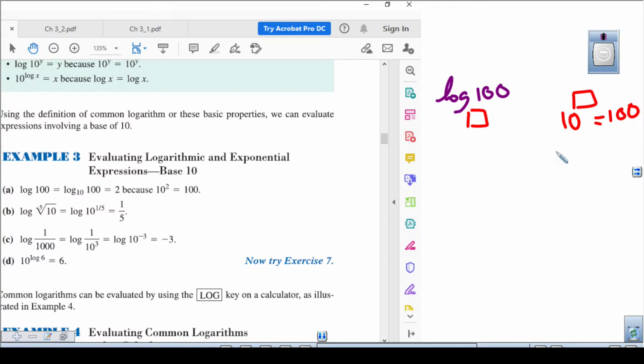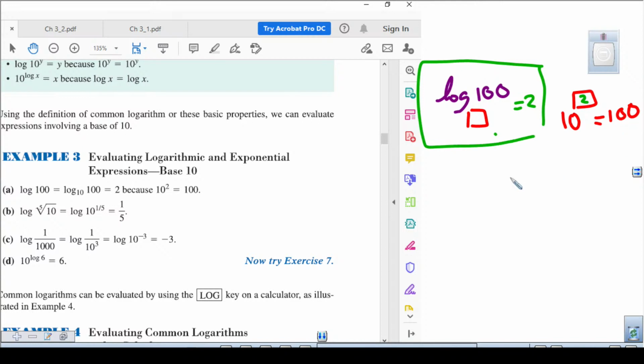It turns out you're raising 10 to the second power. So the value for log of 100 is just 2. Log of 100 equals 2.